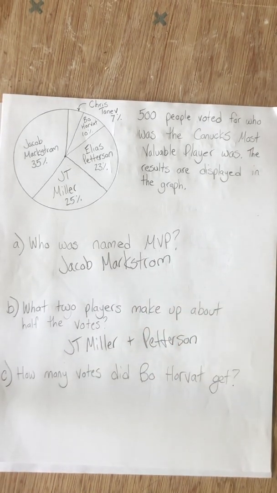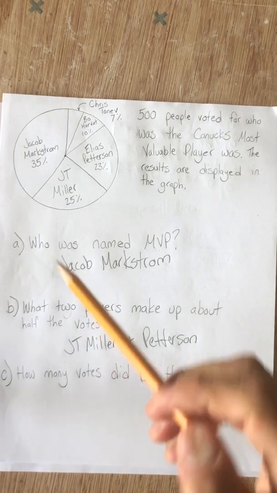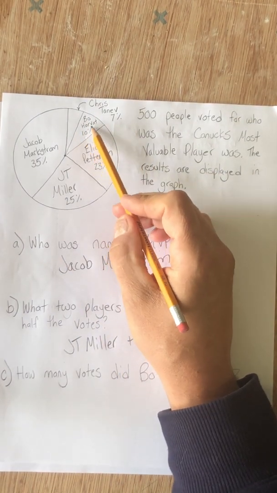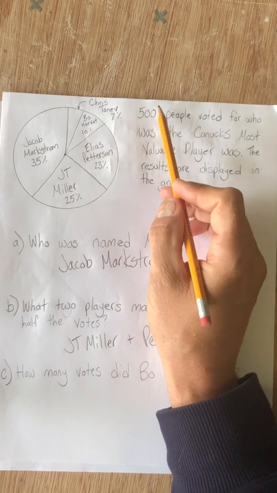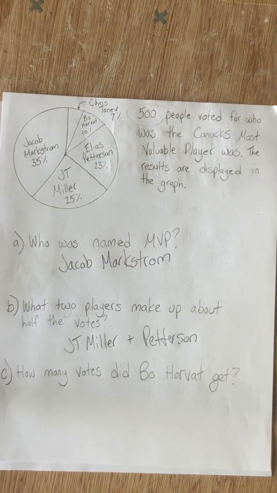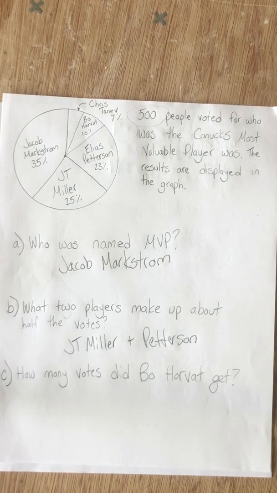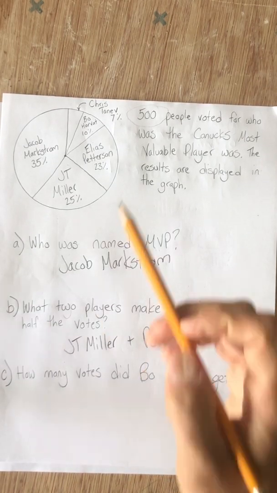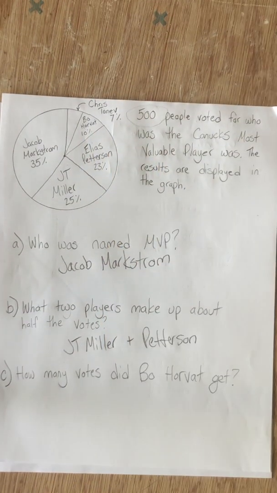Okay, final question. How many votes did Bo Horvat get? Well, Bo Horvat got 10% of the votes, and 500 people voted. So to find out how many votes Bo Horvat got, I need to find out what is 10% of 500.